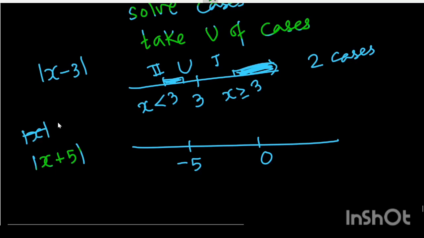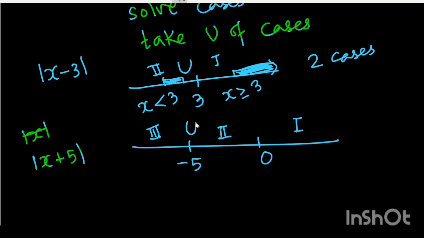So it will generate 1, 2 and 3 cases. Now after solving all the 3 cases, we need to do what? We will take the union of all the 3 cases.